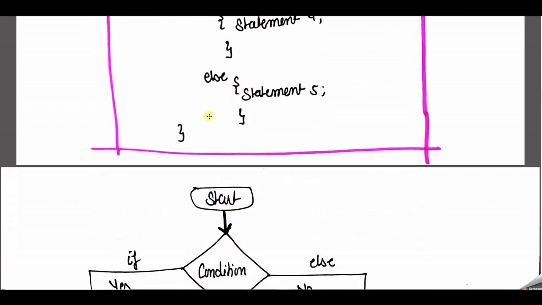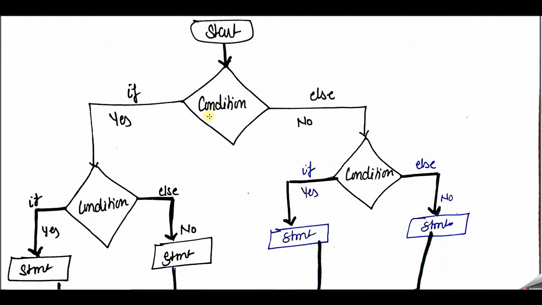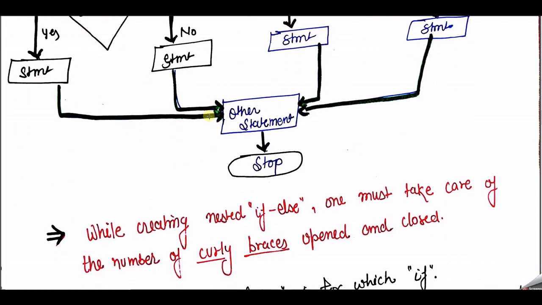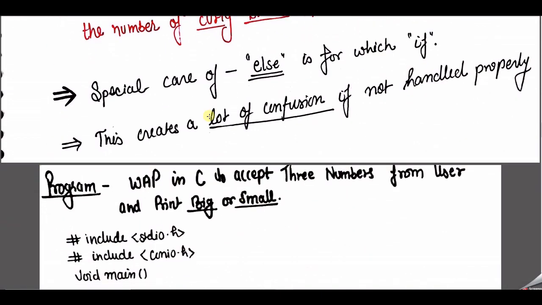Always keep track of your else-if. With slightly more careful handling of this topic, you avoid a lot of confusion. If you don't handle your curly braces and conditions properly, you will face a lot of confusion, maybe you will even stop working.